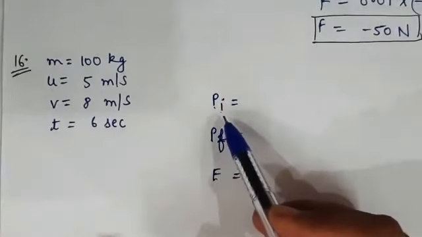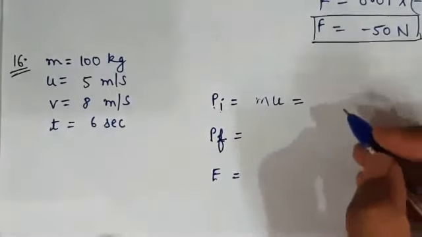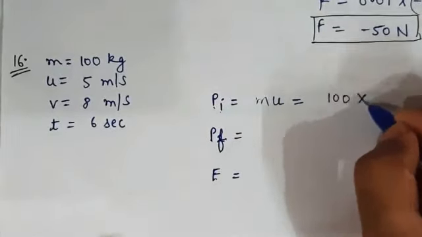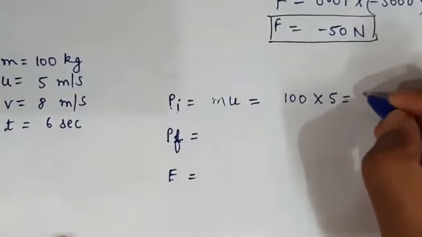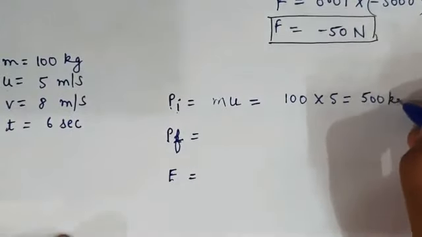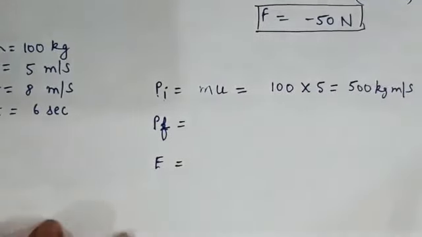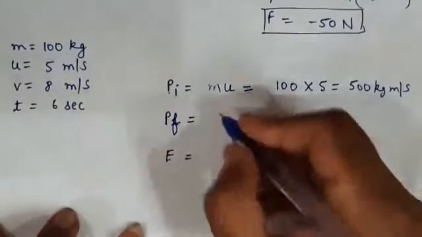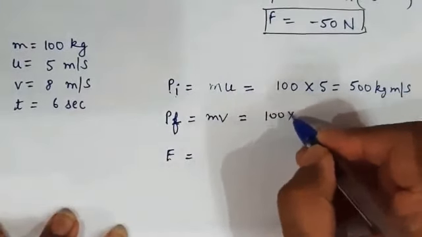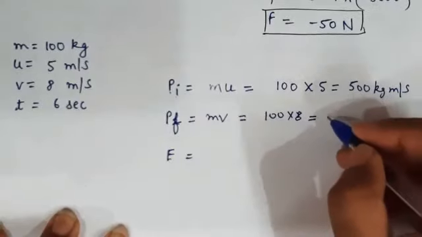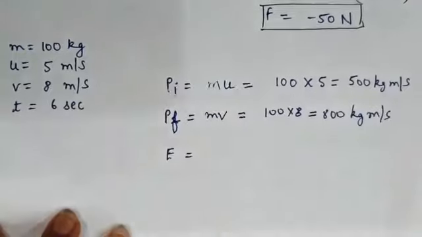So what is initial momentum? Initial momentum is mu. Now m is given, 100, and u is 5. So that will be 500 kg meter per second. Now for final momentum, it will be mv, that will be 100 into 8, that will be 800 kg meter per second.